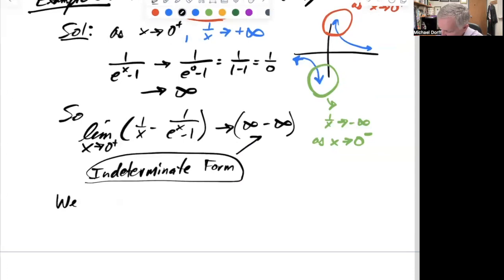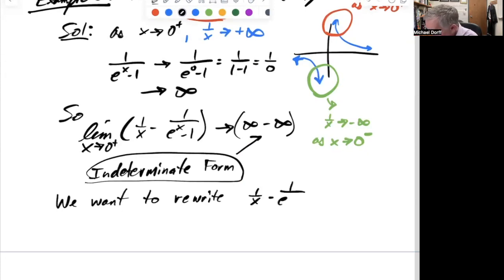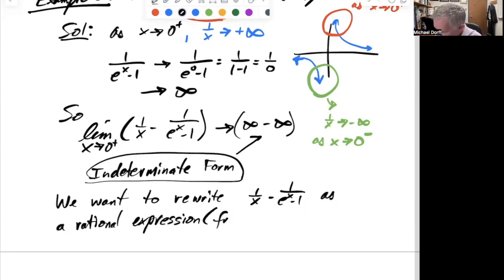So we want to rewrite 1 over x minus 1 over e to the x minus 1 as a rational expression or a fraction. So how do I do that?